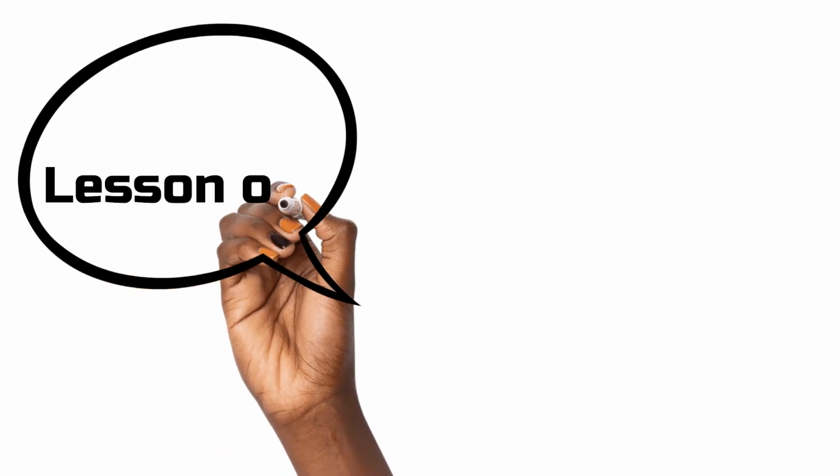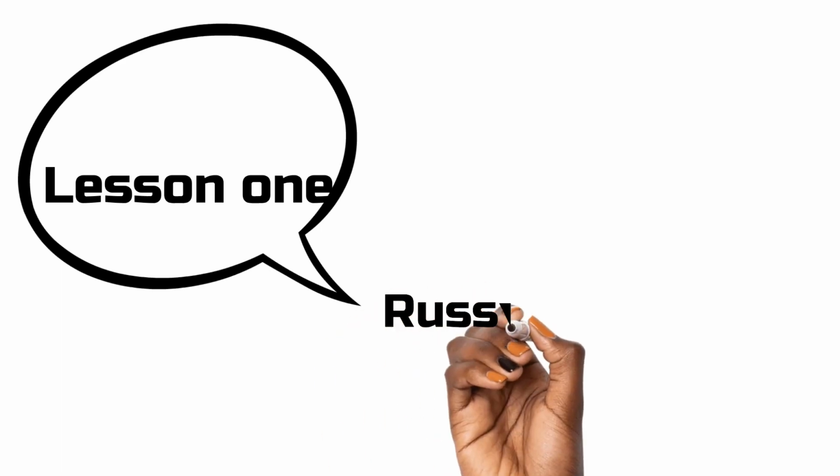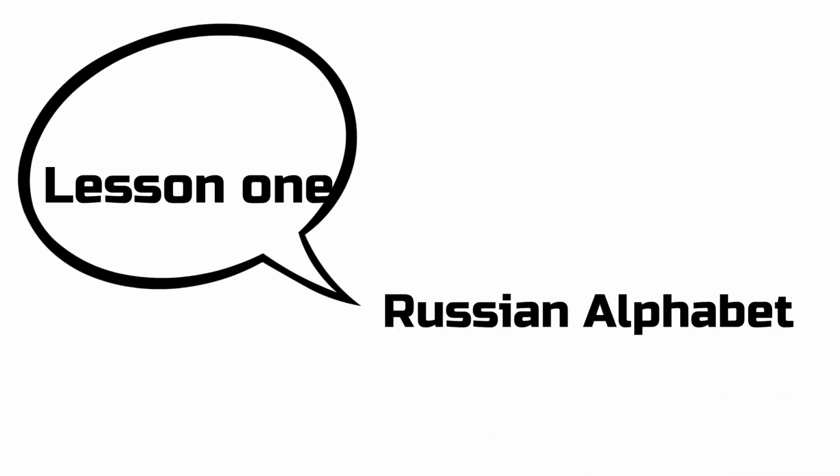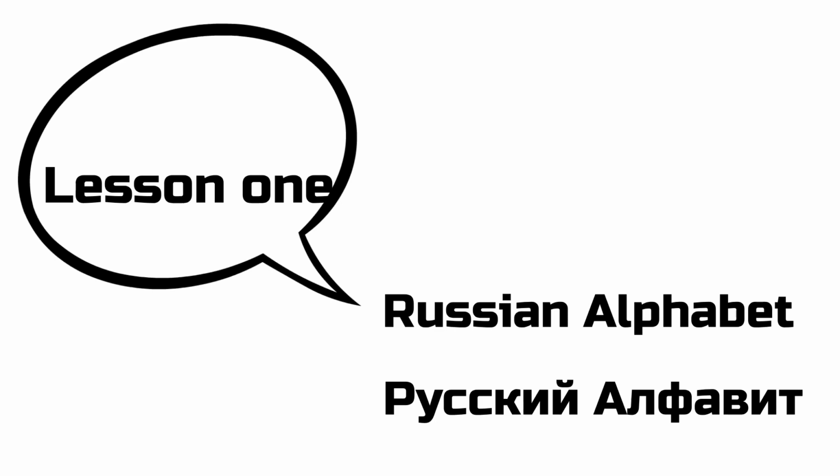I welcome you to Lesson 1 of the Basic Russian Language course. In this lesson, we take a look at the Russian alphabet. The Russian alphabet is very different from that of the English language.